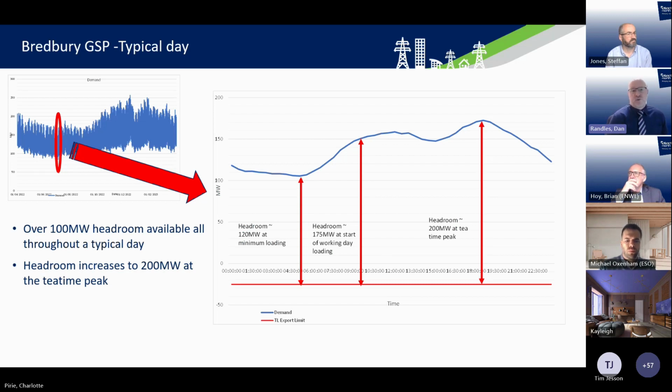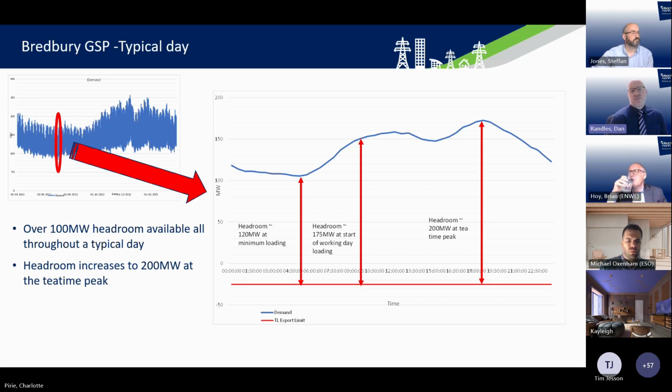This tries to show you the extent of variability within a typical day. So we saw previously the demand over a 12-month period, and there's quite a significant amount of volatility within that period. But if we zoom into a typical day, this is a day during the minimum period of the year, so probably in the early part of the summer.